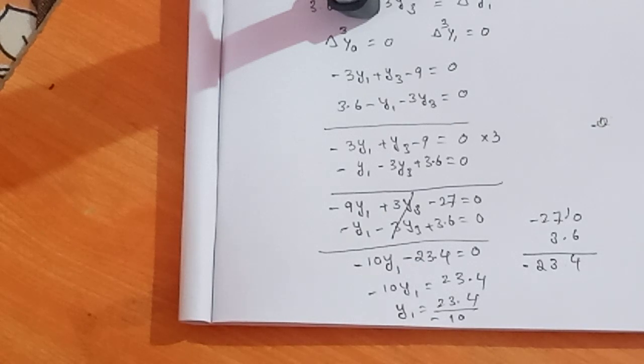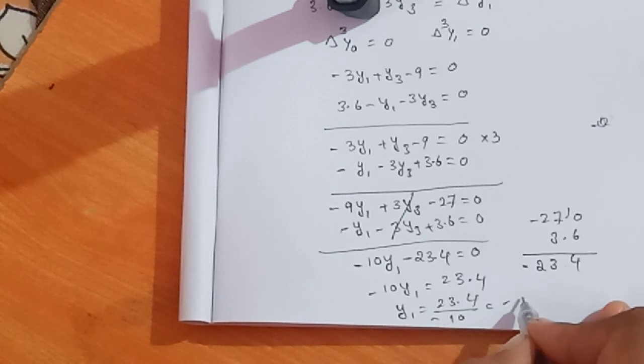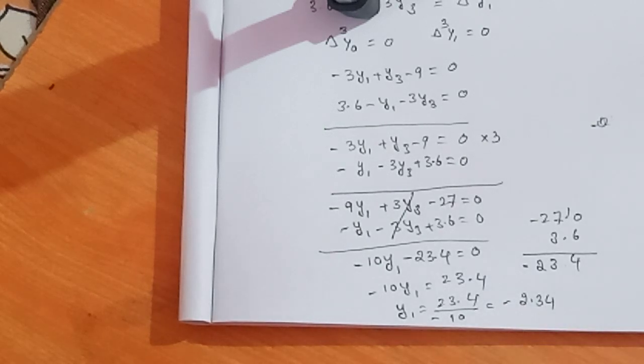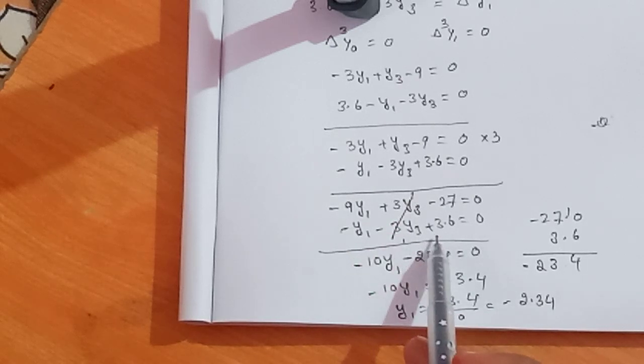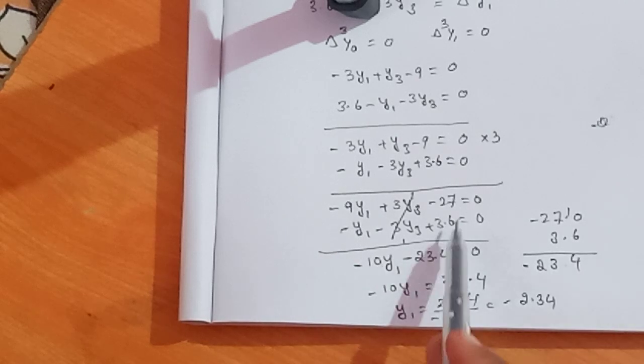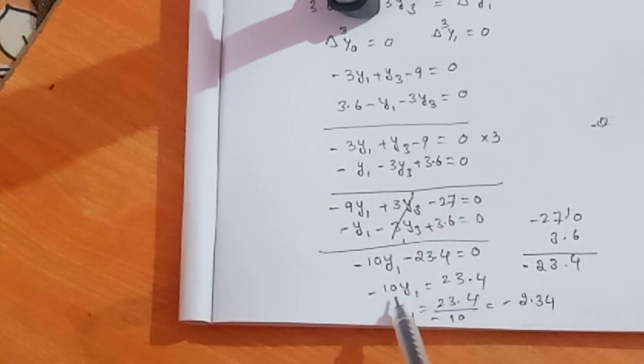So now y1 what I will get? Divided by 10, so minus is there, 2.34 I will get, right? 2.34. So y3 is striked off, minus y1 plus 3.6, 10y1, this is 23.4. So minus 10y1 equal to 23.4.